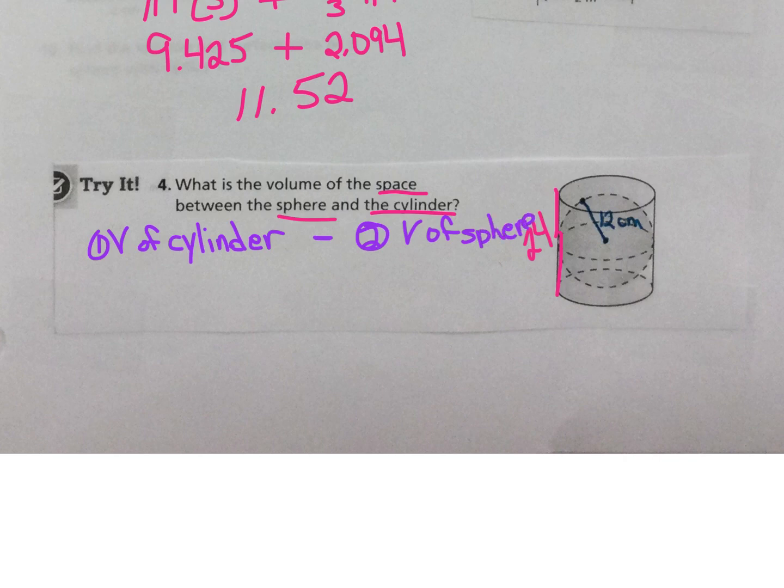Okay, so the volume of the cylinder is area of the base times height, and the base is a circle, minus the volume of the sphere, which is 4/3 pi r cubed. The radius is 12, and the height is 24.